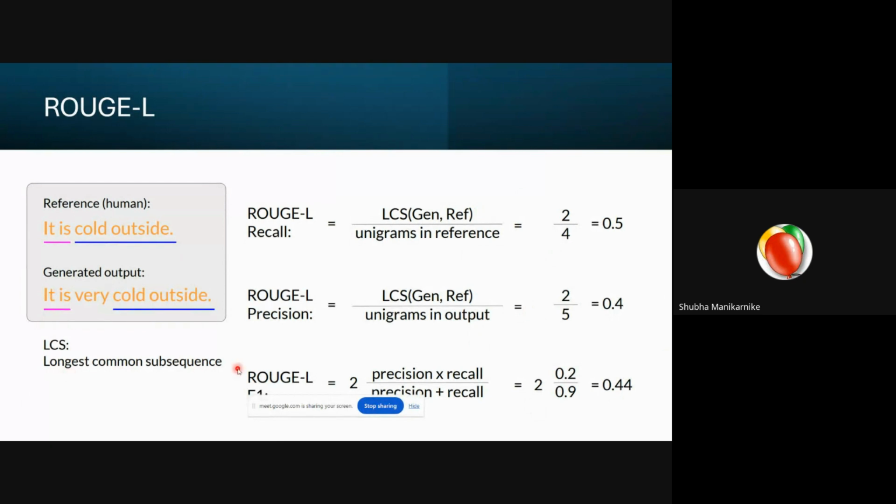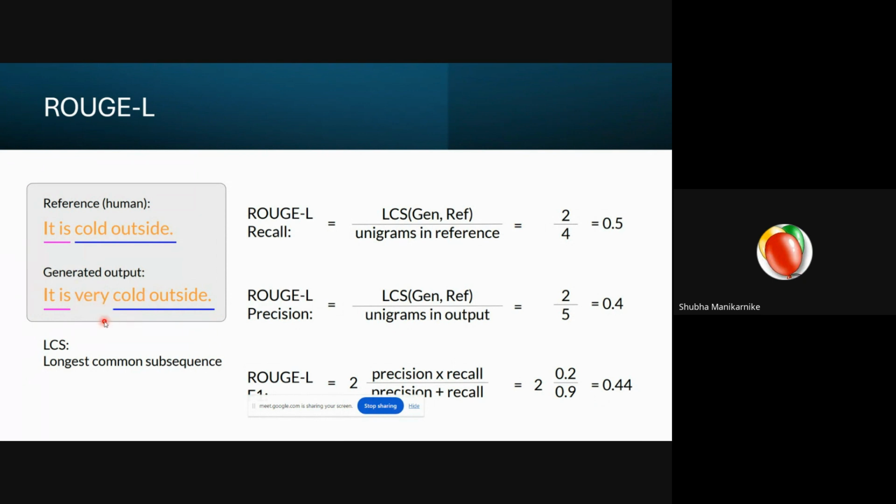Apart from this, there are other variants of ROUGE. As I told, you can use bigrams or n-grams with ROUGE, or there is also a clip function. For example, if the word cold is used multiple times in the output, like "it is very cold outside, it is very cold outside", then you can use a clip function.